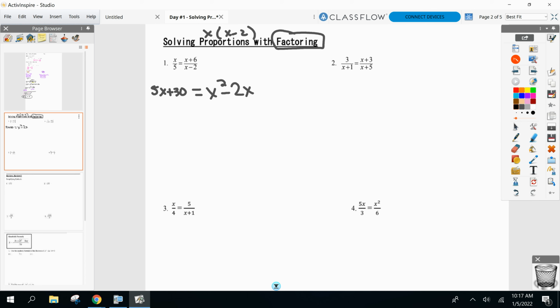Go ahead, in your group. Move over the 5x and the 30. Keep whatever's squared positive. It already is, so keep it that way. How do you move over 5x? Subtract it. How do you move over 30? Subtract it. Go. Move it over.